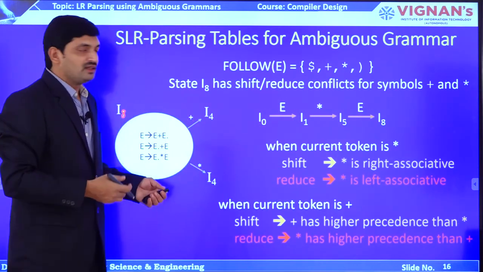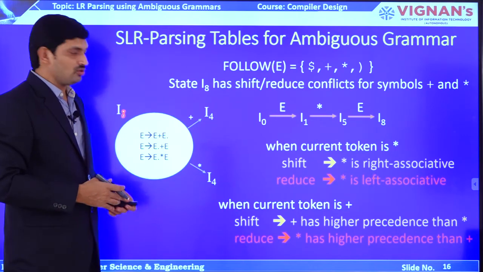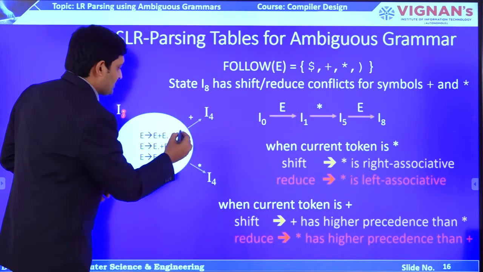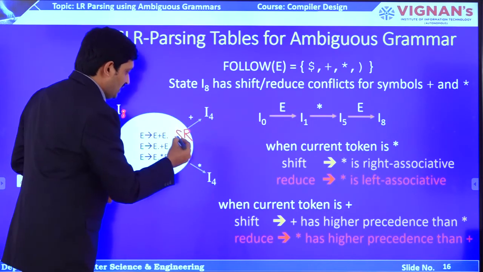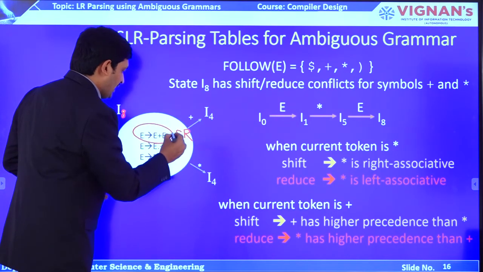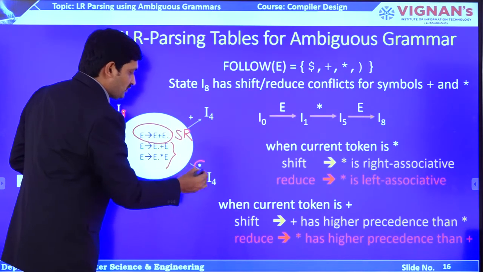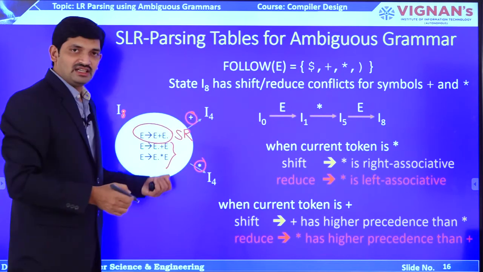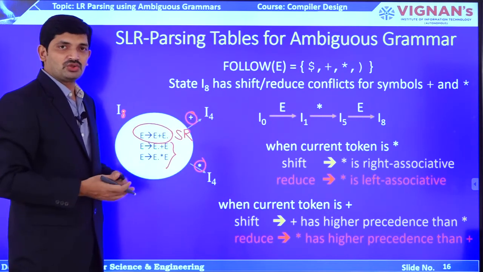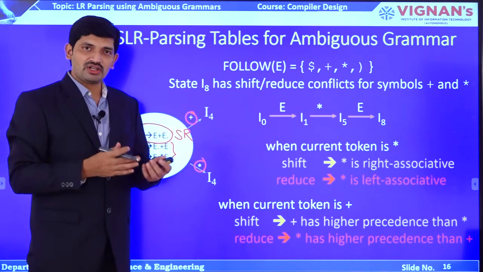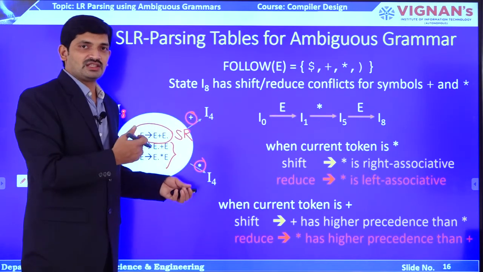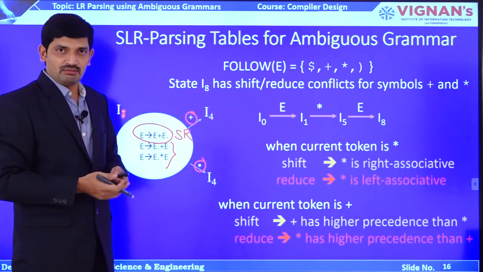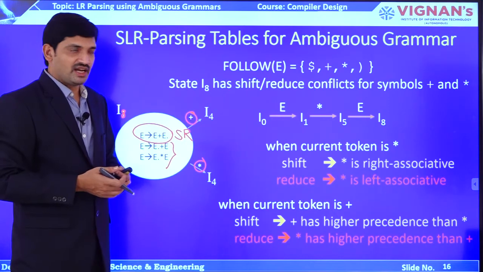Now, come to the I8 state. Also there is a possibility of SR conflict, because here there is a reduce operation and here there are two more shift operations depending upon plus and star. So, definitely it leads to SR conflict. Now our task is to convert this ambiguous grammar into an unambiguous one depending upon the precedence and associativity.